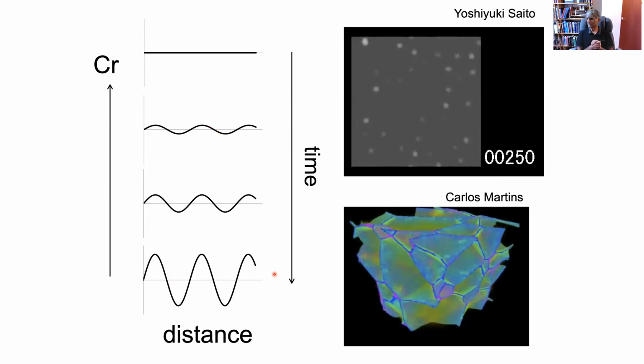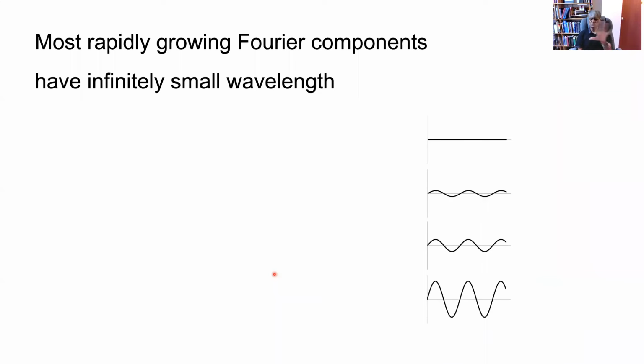The problem with ordinary diffusion theory, which was identified by Cahn and Hilliard, is that if you treat your composition wave as a series of Fourier components, then the wave with the smallest wavelength will grow most rapidly.